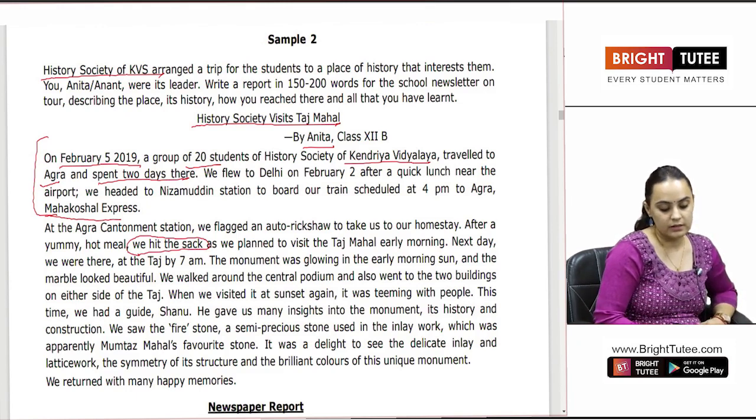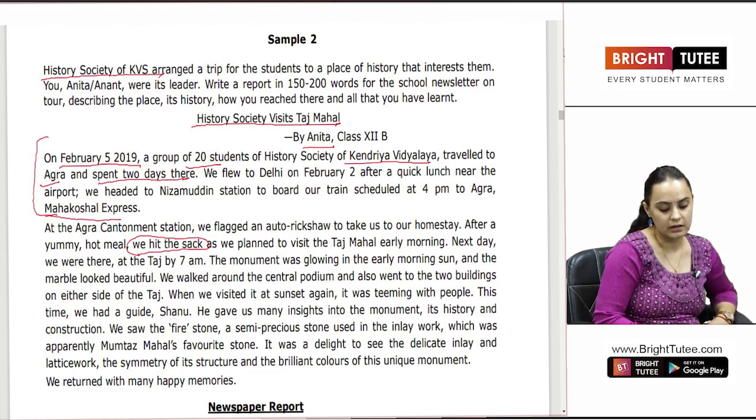Next day, we were there at the Taj by 7 a.m. The monument was glowing in the early morning sun and the marble looked beautiful. We walked around the central podium and also went to the two buildings on either side of the Taj. When we visited it at sunset again, it was teeming with people.